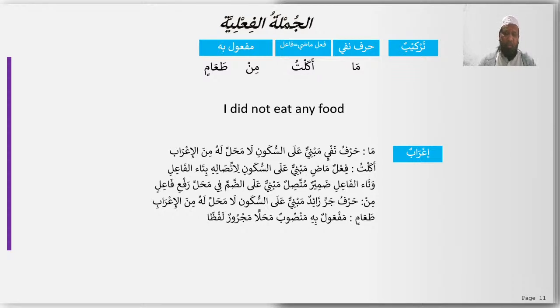So any ضمير متصل attached to a فعل, especially فعل ماضي, is مبني على السكون.